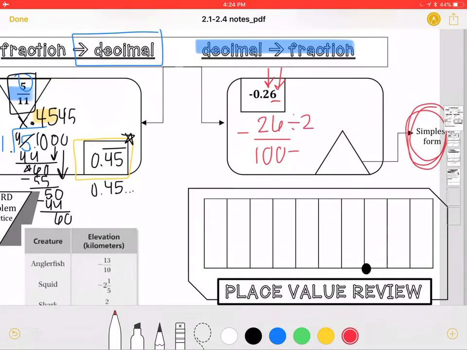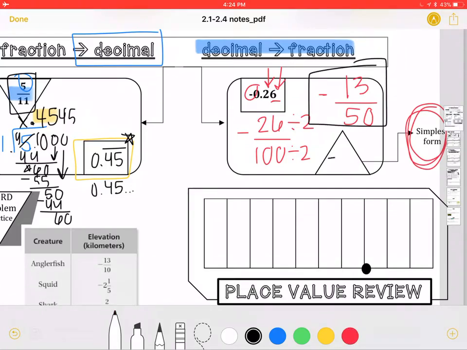If you just need to start there, start there. 26 divided by 2 gives me 13. 100 divided by 2 gives me 50. Keep your negative sign. If it's a negative decimal, it should be a negative fraction. And actually here, that's all as far as we can go. So I have negative, I'm going to write that in my answer box, 13 over 50.